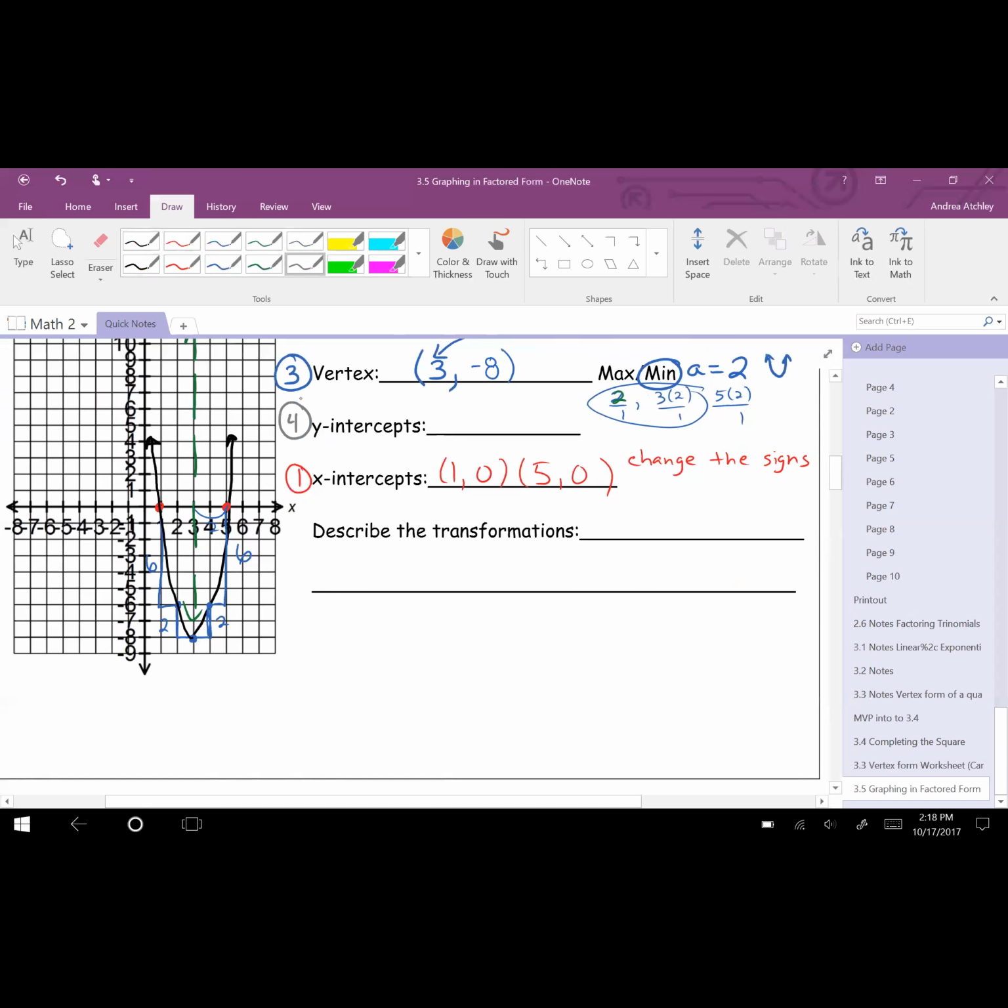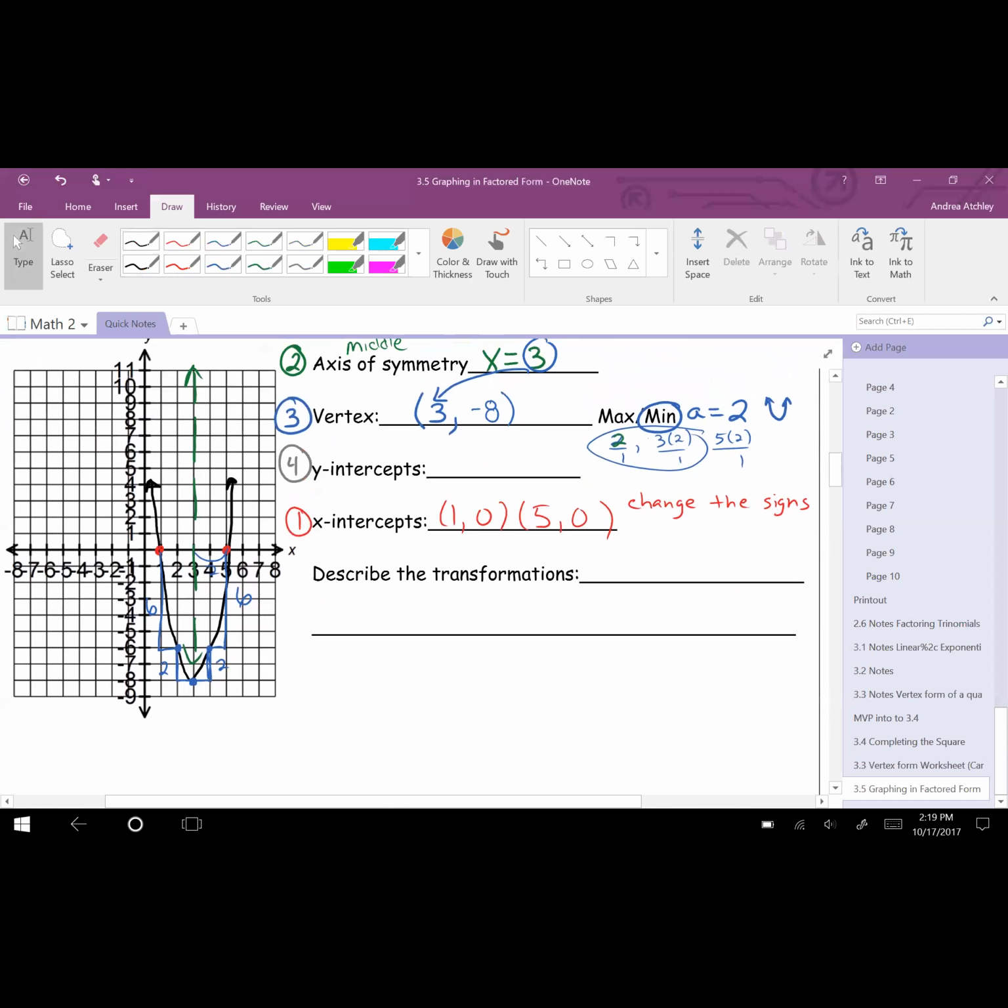Now step 4 is the y-intercepts. Can I see the y-intercept right now? Is it crossing the y-axis at all? Not yet. Any ideas on how I could find that? Yes, I can do my next rate of change, which would be the 5 times 2 over 1.